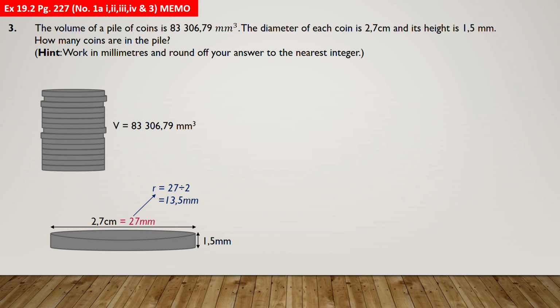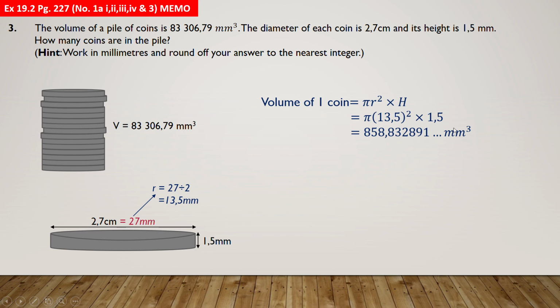Alright, so the volume of one coin will be pi r squared times height. So my radius is 13.5, the height of one coin is 1.5. If I then go and calculate that, this is the volume of one coin, and I've kept all the decimal places for now. So now I'm going to take my volume of the stack of coins, 83,000, and I'm going to divide it by the volume of one coin.